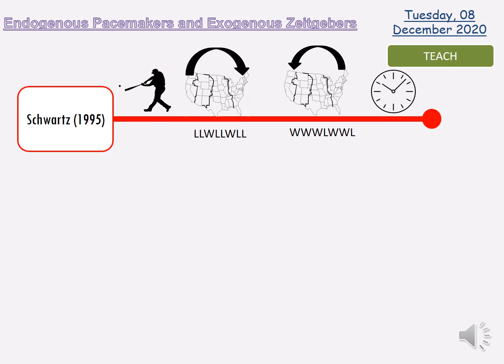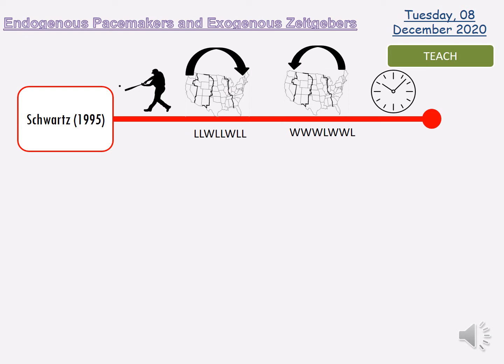So what we're going to do is kick off by looking straight at a practical application of studies related to these pacemakers and Zeitgebers. So Schwartz in 1995 decided to analyse the results of baseball games.